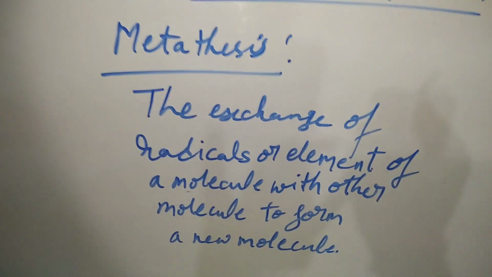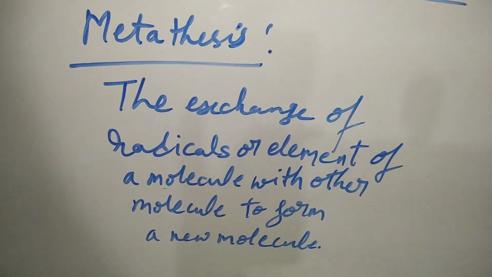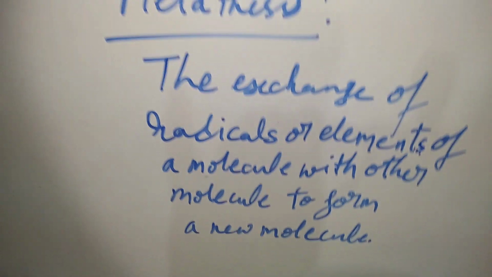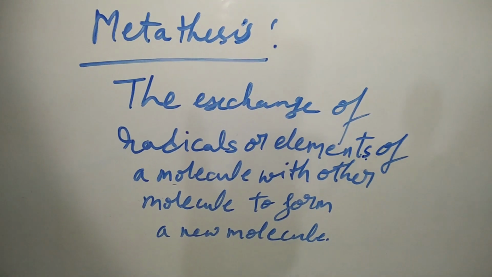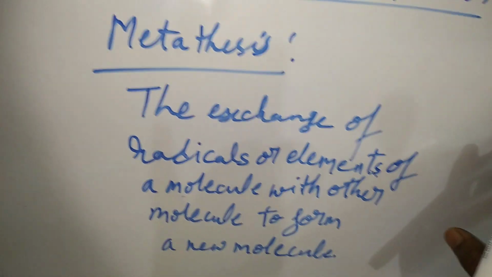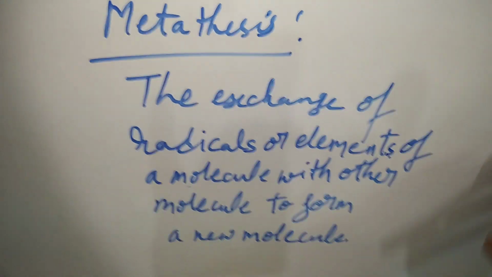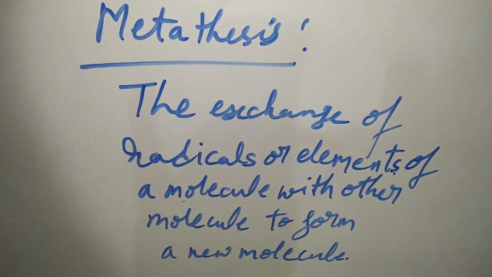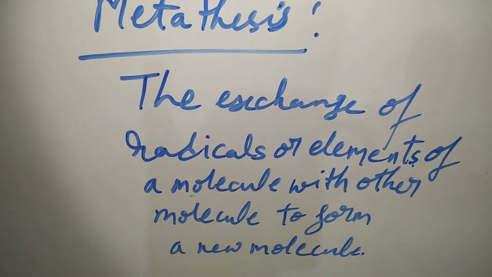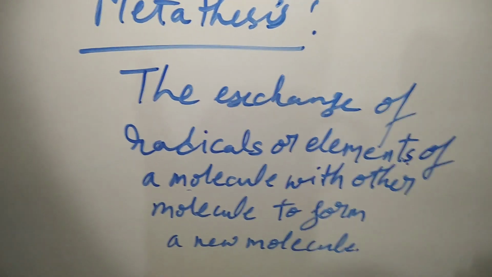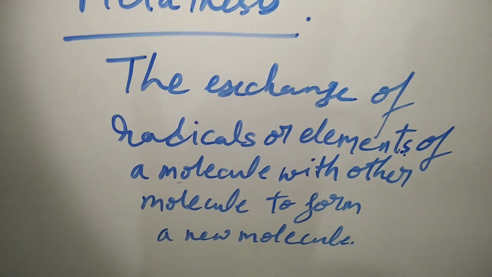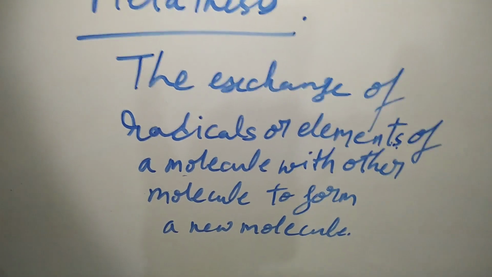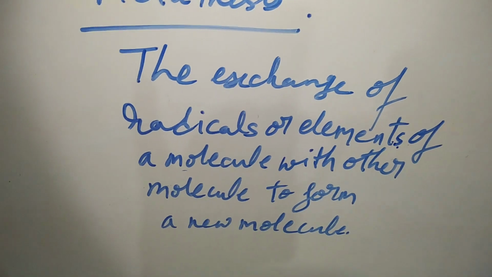Why did I write both radicals and elements? Because metathesis reaction takes place both for ionic compounds as well as for covalent compounds. So for ionic compounds it will be exchange of radicals, and for covalent compounds it will be exchange of elements.